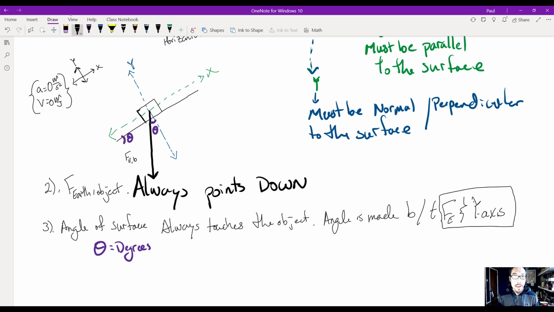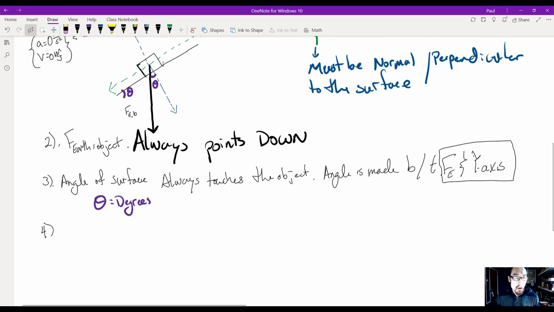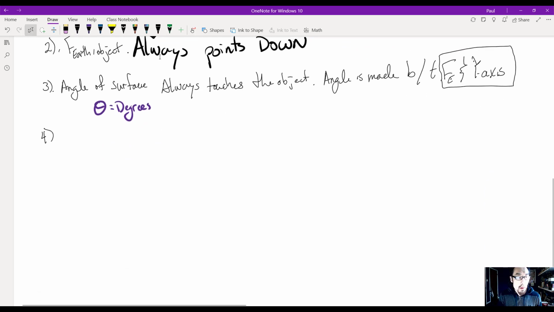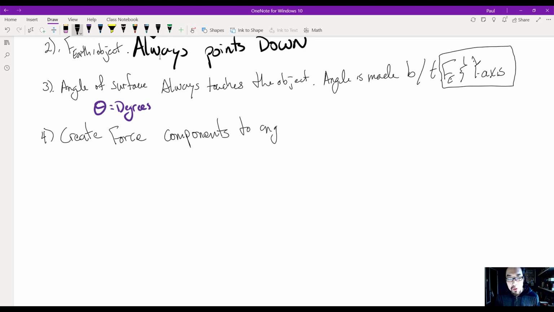And the very last thing that we need to do, so this is step 4, we have to create force components to angled forces.